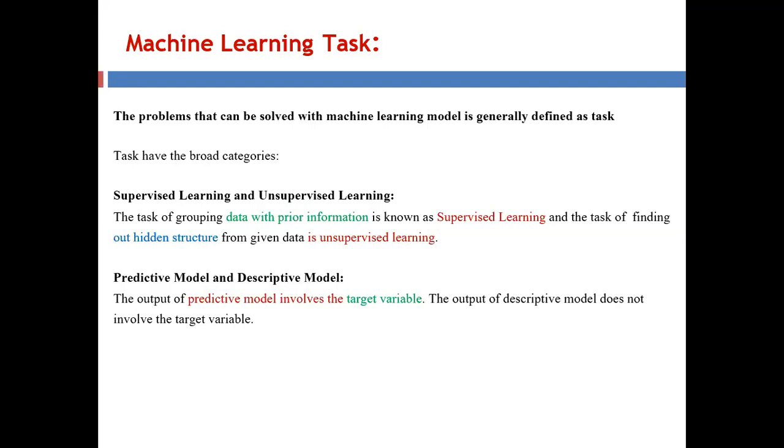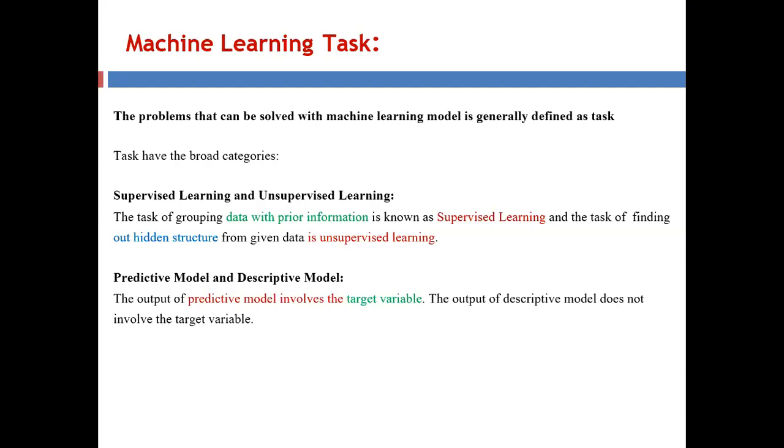The model tries to predict a value of X using other values in the data set. For example, it tries to predict if a loan is approved or not, or maybe an email is spam or not. So in a nutshell, we can say that the predictive model involves the target variable.